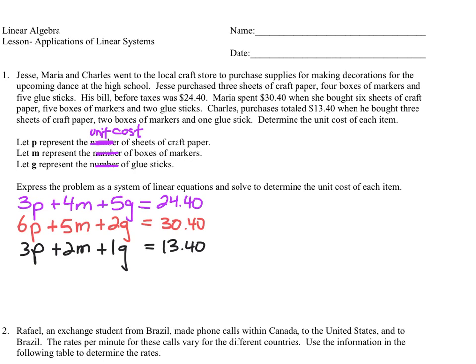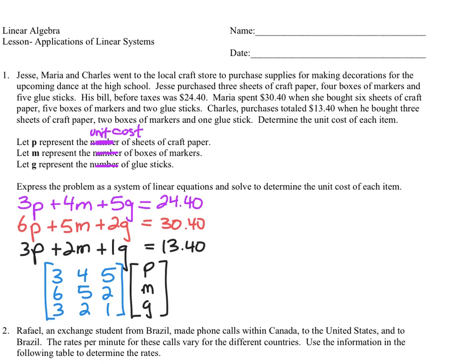And that transition would be, let me actually do it in a completely different color, 3, 4, 5; 6, 5, 2; 3, 2, 1, multiplied by PMG.